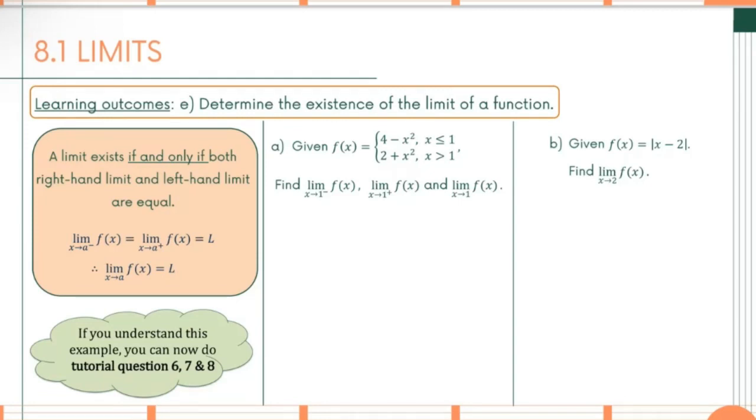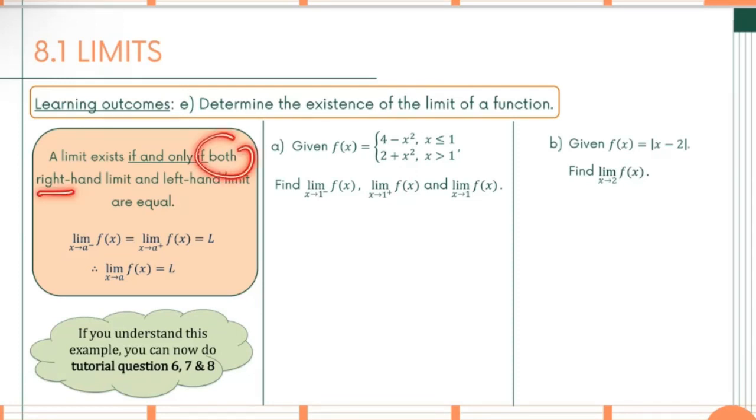Okay, so existence of limit ni apa? Existence of limit dia ada kaitan dengan one-sided limit. Okay, so kat sini tengok a limit exists if and only if, maksudnya dia perlu satisfy syarat ini sahaja.